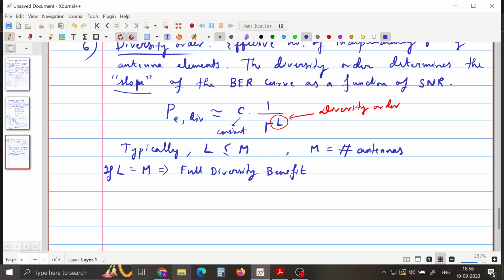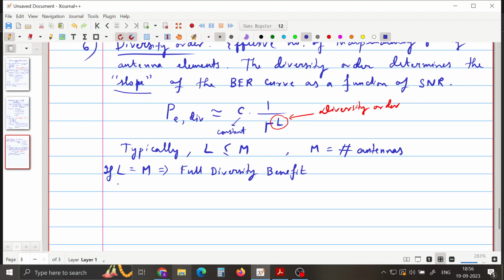And if L is less than M, it means effectively you are making use of only a subset of the M branches, L out of M branches. In that case you will get only a partial benefit, so to speak. The cause could be multiple causes, like it was stated in the lectures. It could be due to weak antennas, it could be due to correlated antennas.